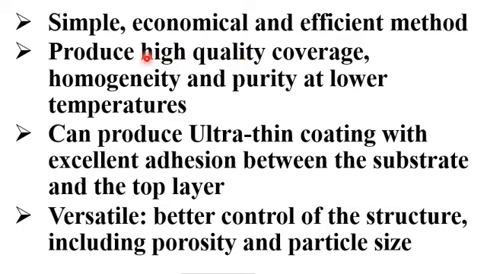Basically we can prepare a thin film via sol gel process over the whole substrate. Okay, so basically we can disperse a chemical solution or wet gel onto the overall surface of the substrate.